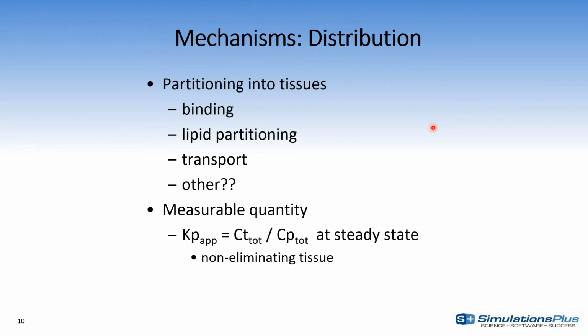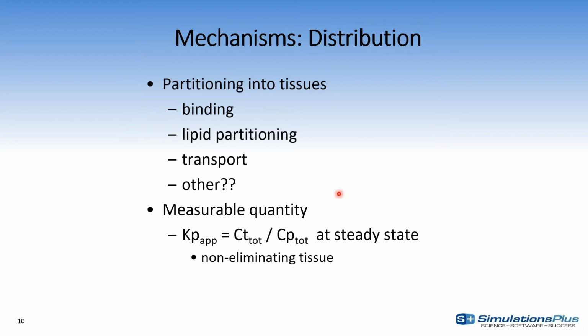Next, we're going to talk about the mechanism to calculate the distribution. There are many factors that will affect the distribution into the tissue, such as binding, such as the lipid partitioning, and maybe transporter effect, and maybe other factors such as lysosomal trapping.